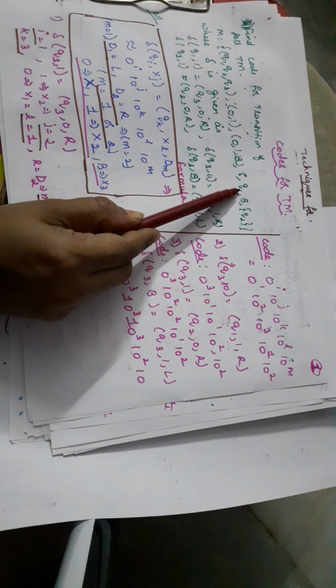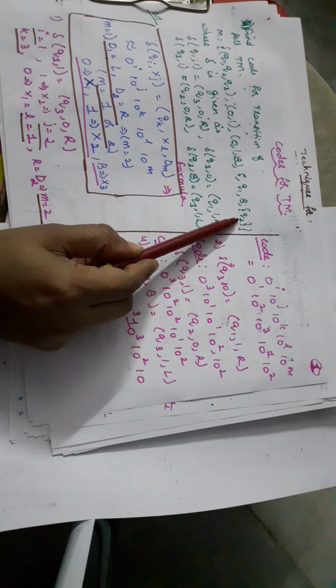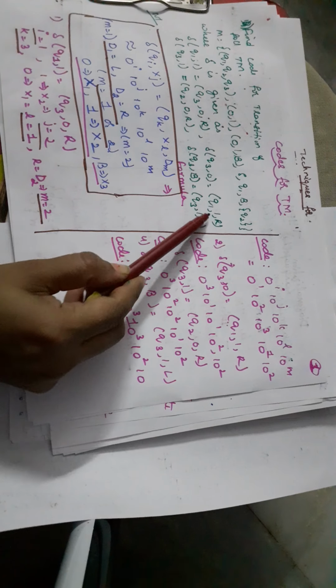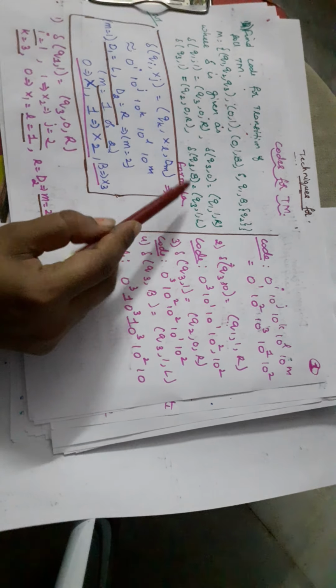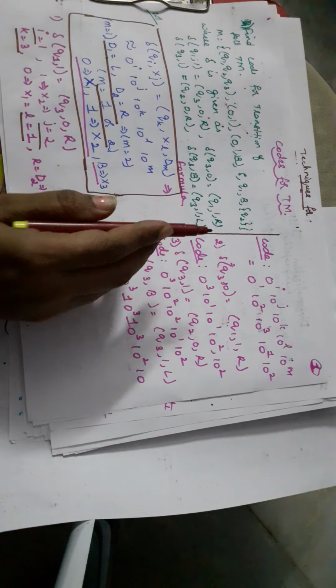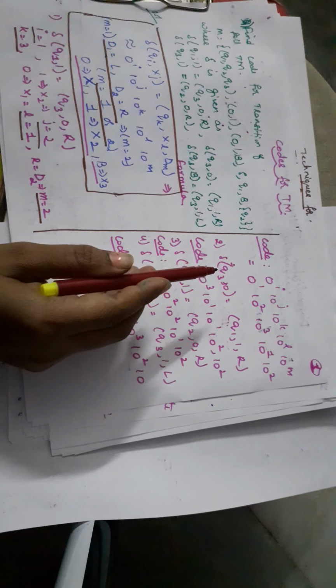Delta is the transition function, q1 is the initial state, capital B is the blank symbol, and q2 is the final state. And 4 different transition rules are given. We need to convert this to some code. That means we are not passing the inputs as they are to the Turing machine, we are encoding them and passing them to the Turing machine.